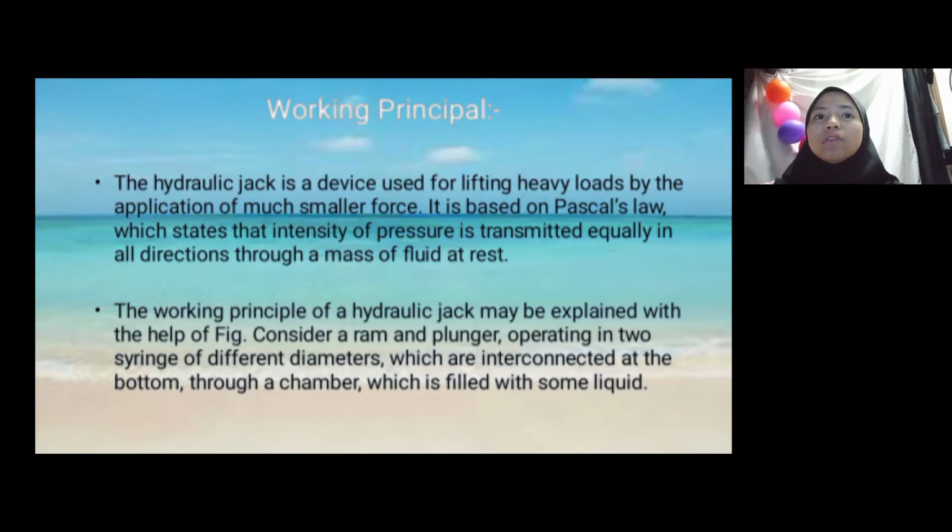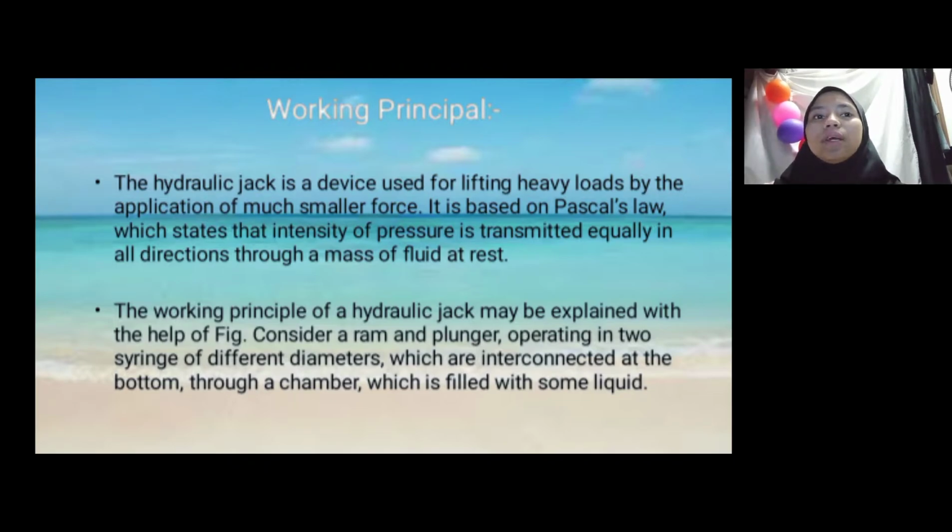The working principles, it seems like slide 1, but I want to add some more. It is based on Pascal's law, which states that intensity of pressure is transmitted equally in all directions through a mass of fluid at rest.